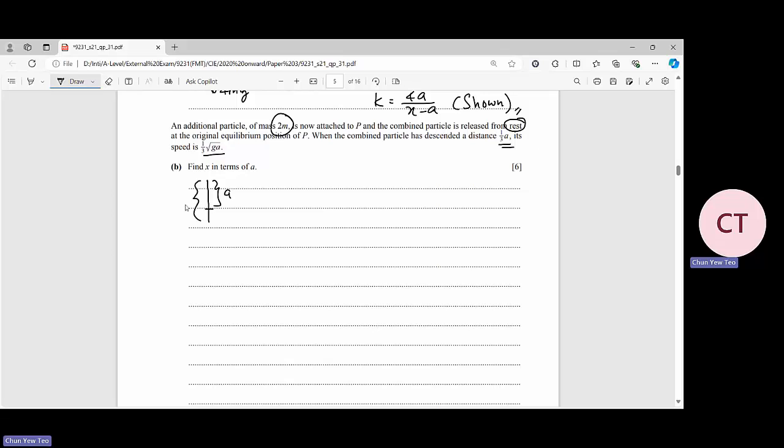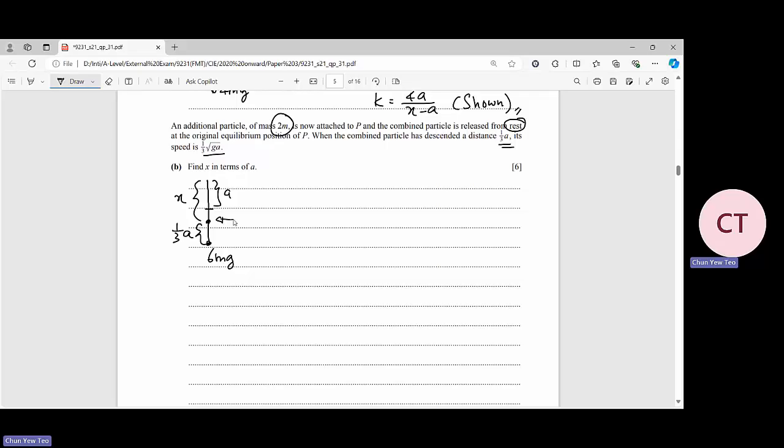This is the original equilibrium position. Now after you combine, you get 6mg, because 2mg and 4mg add together. You will have descended 1/3 a.